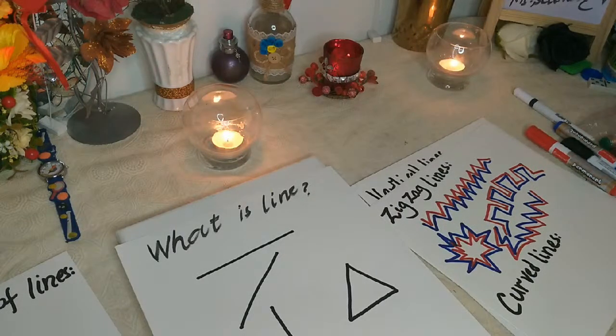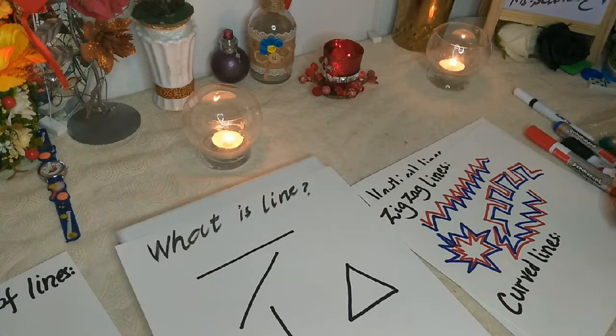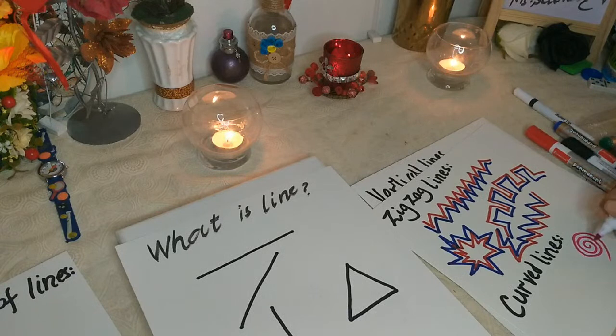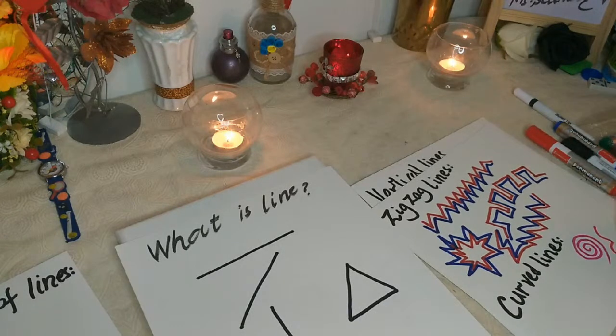As we are talking about curved lines, they have some sensual feelings and they remind us of the human body, especially as curved lines have a feminine touch. So I'm using this pink color to draw my curved lines.